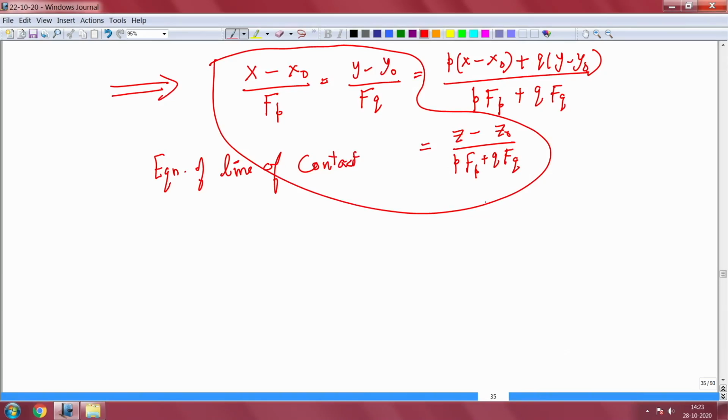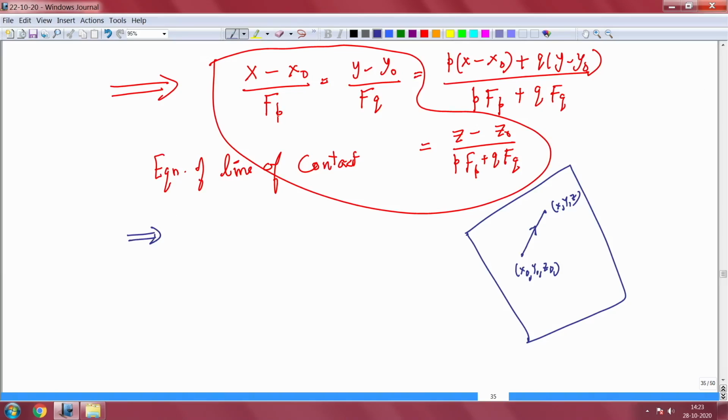Now look at one more thing immediately. Let me use a different color. Look at the tangent plane. You have the tangent plane, you have x naught, y naught, z naught, and then you have x, y, z in the tangent plane. This is your tangential direction, this is your characteristic direction, and this equation tells you immediately that fp, fq, p fp plus q fq has the same direction as x minus x naught, y minus y naught, z minus z naught.